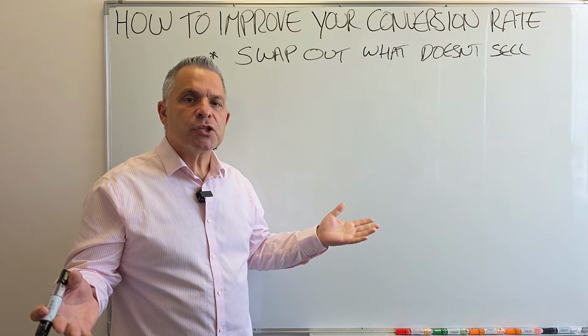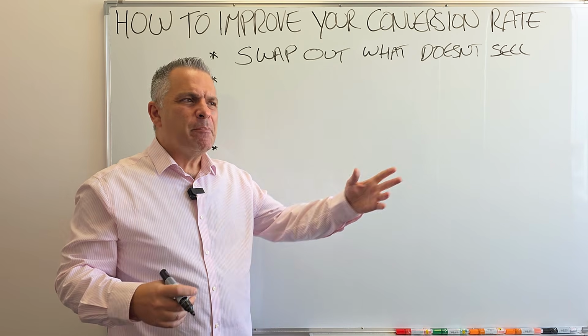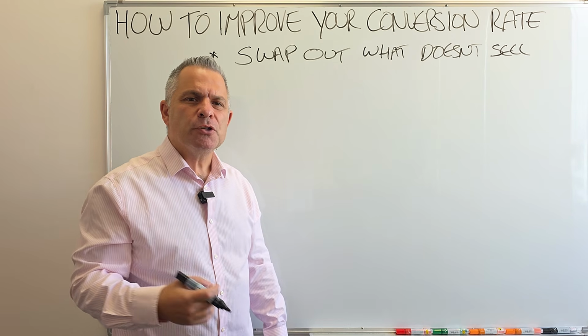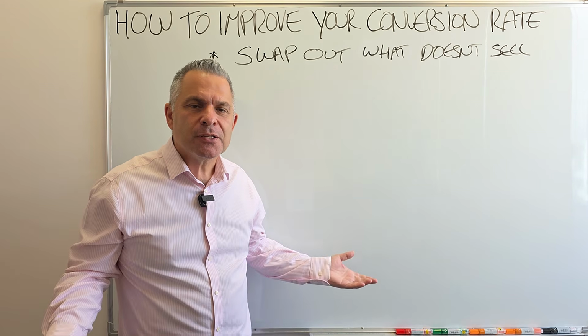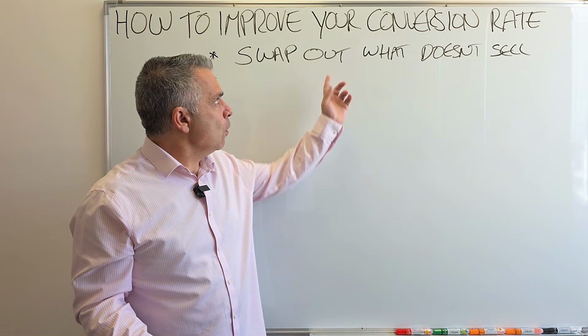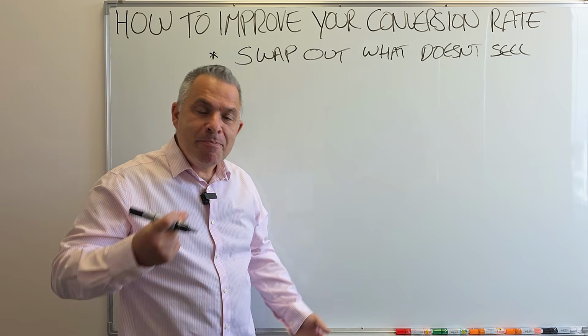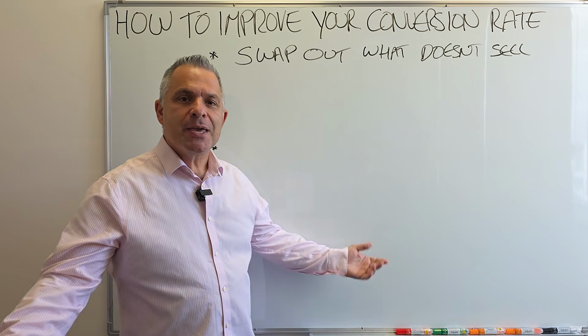Stuff that's just never selling. Don't worry about stuff that's been in your store 2 years, has loads of favorites but never sold. Who cares? Favorites are useless. Swap out stuff that doesn't sell. It immediately raises your conversion rate.